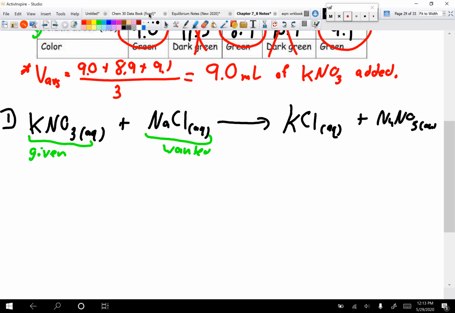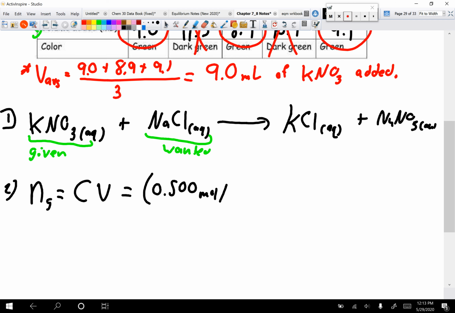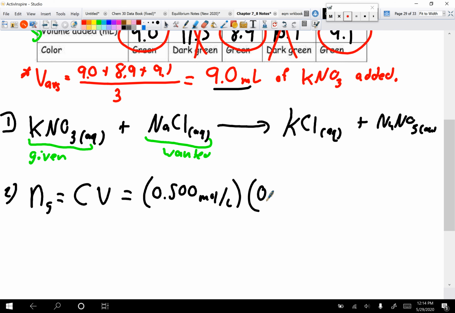So next, step 2, the number of moles of our given is equal to C times V. The concentration up above, we had a 0.500 moles per liter solution of our potassium nitrate, and on average we used 9 milliliters, so into liters we divide by 1000, and get 0.0090 liters, and we get the total number of moles of 0.0045 moles.